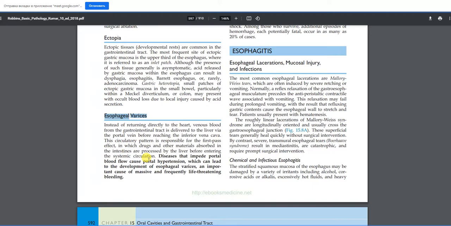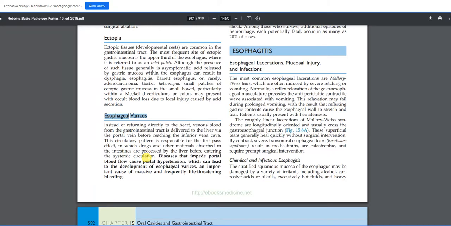If the stomach is filled with blood, just imagine: stomach volume is 1 to 2 liters, depending on the person. When it's filled with blood, 1 or 2 liters of blood are already lost from the body.